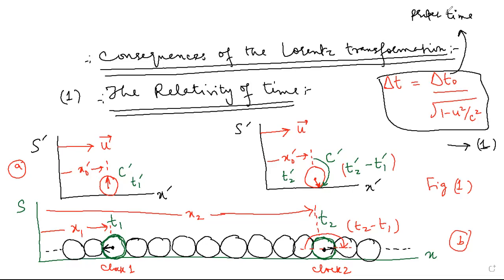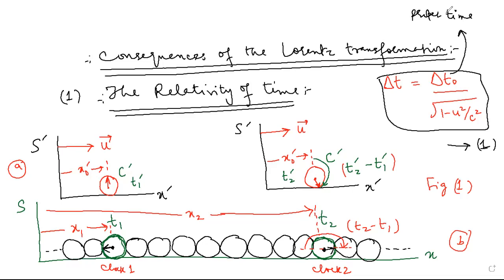I repeat, we are discussing two observers, right? In the frame of reference of S, the clock carried by S prime observer on the train moves with speed u. u is the relative velocity of frame S prime with respect to the observer in frame S. You know that.